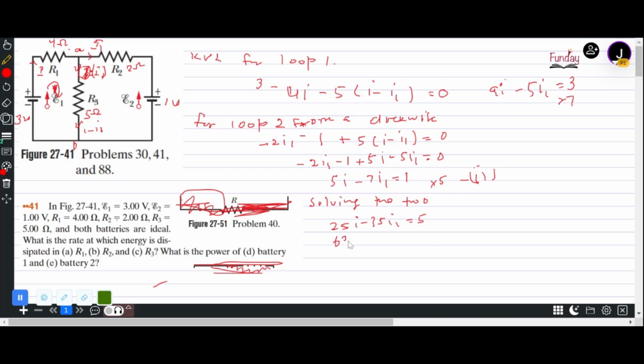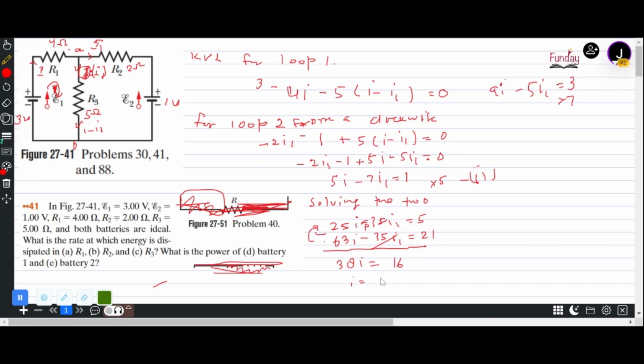So what we do is we work out one same coefficient for one of the variables, and then we either subtract or we add. So here we will subtract because the signs are same, and we get 38i is equal to 16.